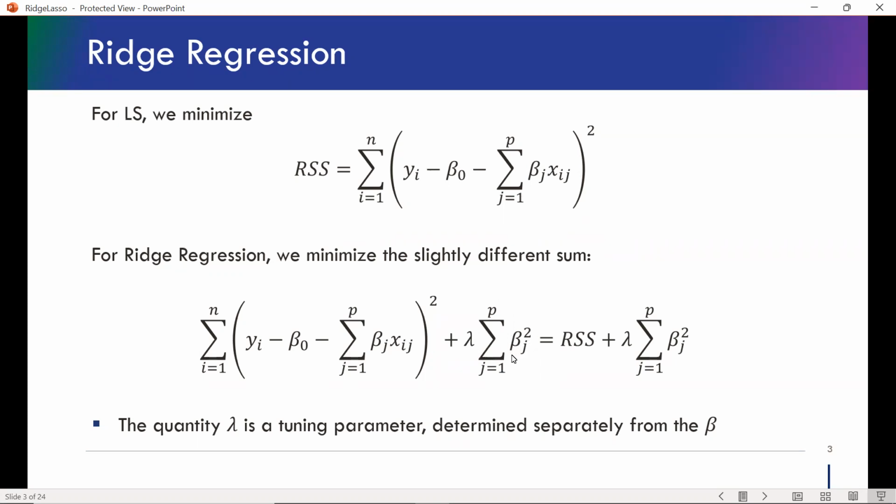Remember this j is from 1 to p, so we are only focusing on the coefficients besides the intercept, because beta 0 is not included here. And this tuning parameter will be determined separately from the coefficients.